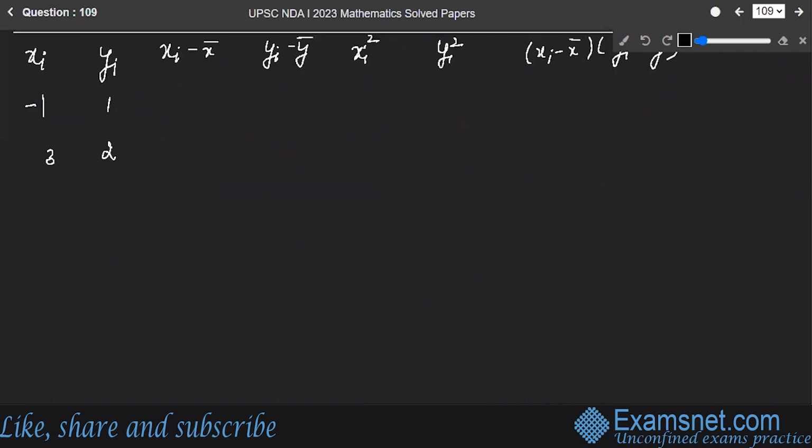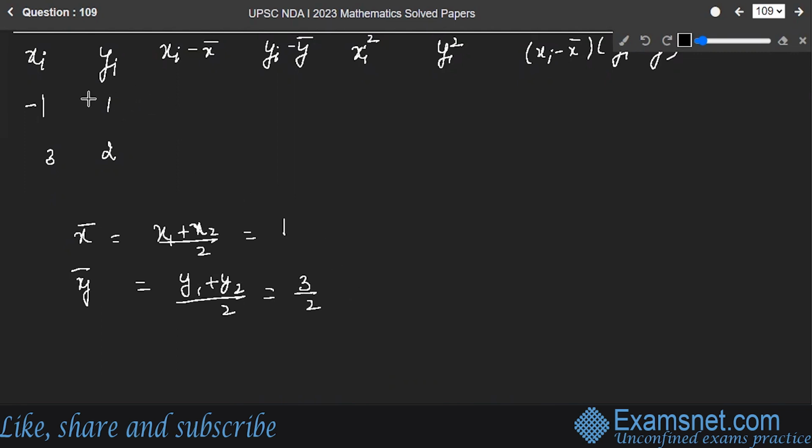See first, x bar is actually the mean of x1 and x2. x1 was minus 1 and x2 was 3. So this is 2 by 2, that is equal to 1. And similarly, y bar is equal to y1 plus y2 upon 2. y1 was equal to 1 and y2 is 2. So this is equal to 3 by 2.